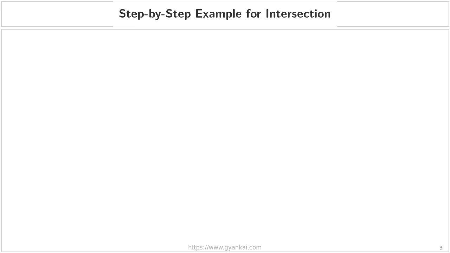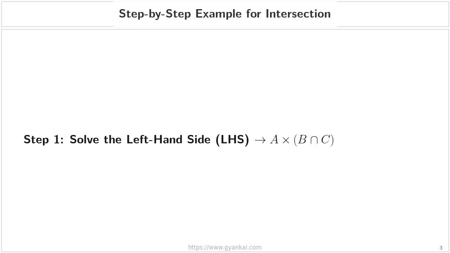Step-by-step example for intersection. Now that we have established the mathematical statement for the distributive property over intersection, let's move into the practical verification. On this slide, we will begin step 1, where our goal is to solve the left-hand side of our equation, which is A cross (B intersection C).